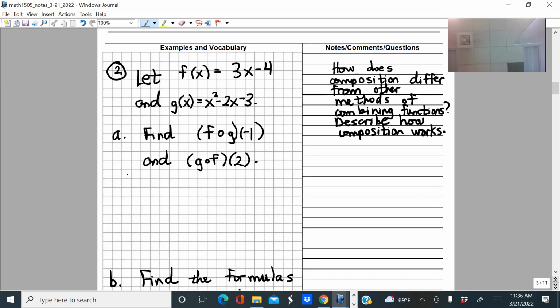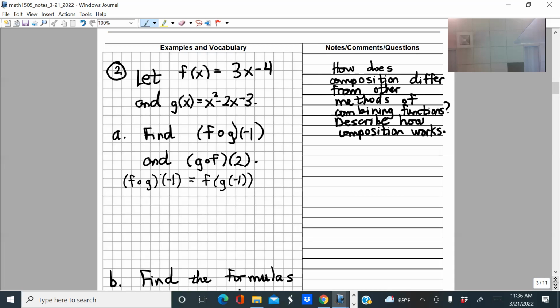So now when you're doing composition, it's really useful, I think, to be constantly reminding yourself of the definition of composition. So F compose G of -1 means you're going to take F of G of -1. All right.